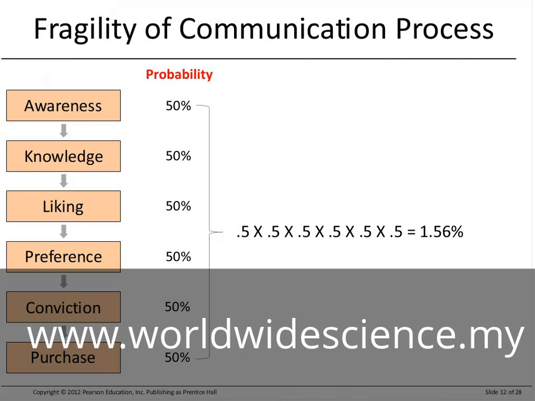Fragility of communication process. What does it mean? It means the communication process is fragile. Okay, fragile means it can be destroyed and can be broken because, for example, in your target market, 50% of the people will have awareness about your product or your company.